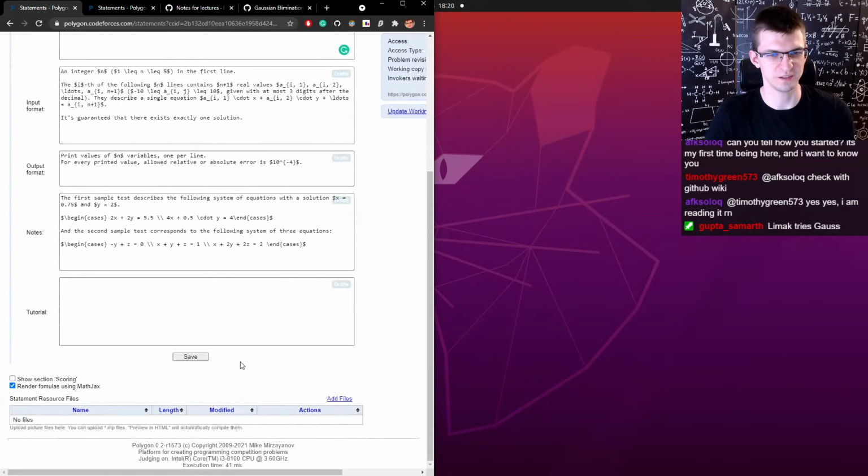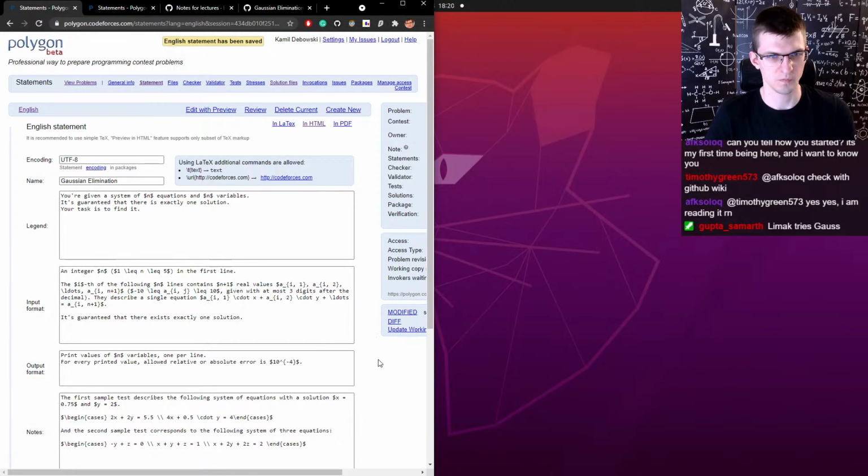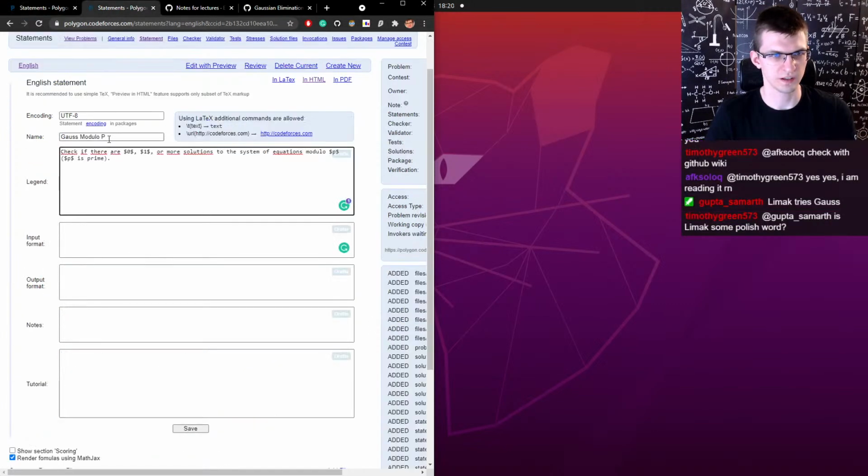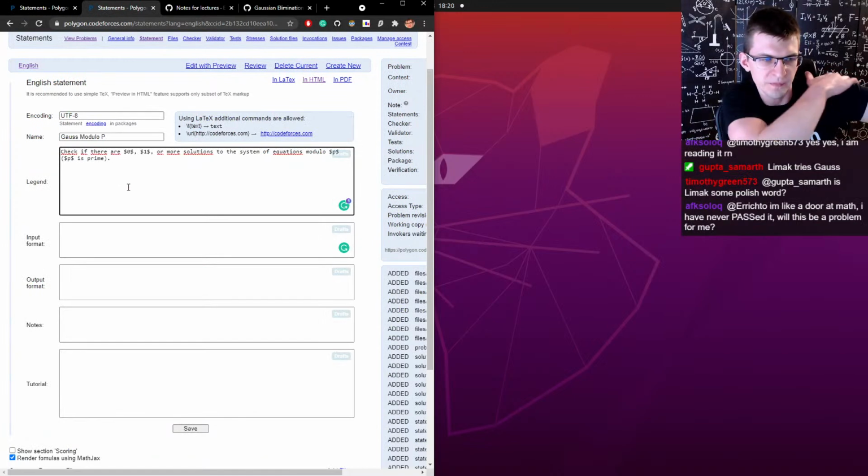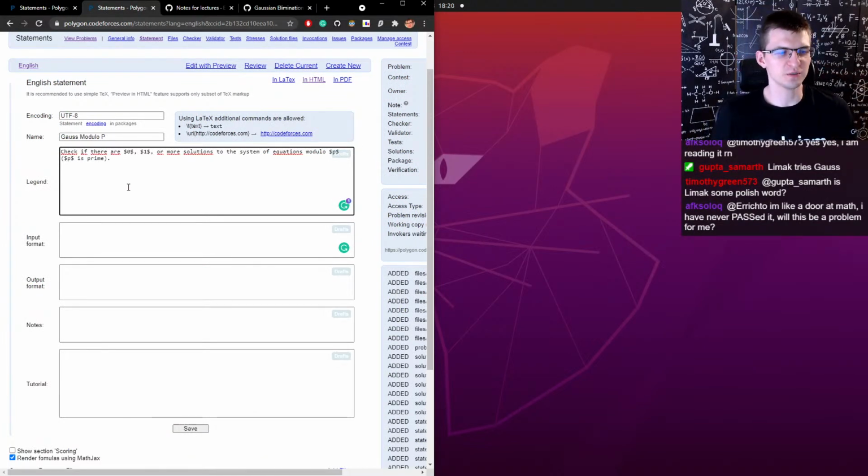Let's call it Gaussian elimination. Then Gauss modulo P and so on. Yeah, that's fine. I don't want to bother making educational problems twice longer just because I want to put Limac there.